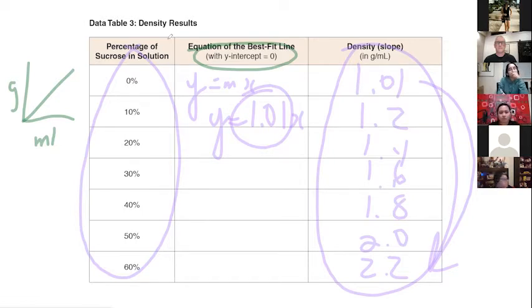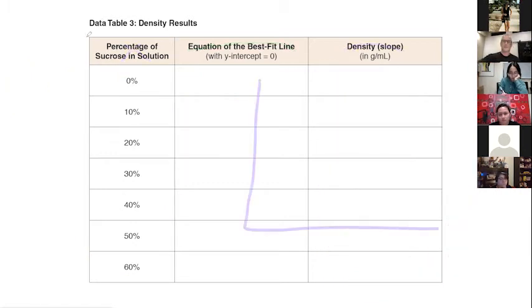We're going to plot them. That's right. We are going to plot them. What are we going to plot? So if this is my plot, what am I going to put in my X? What am I going to put in my Y? Which one is the independent variable and which one is the dependent variable?